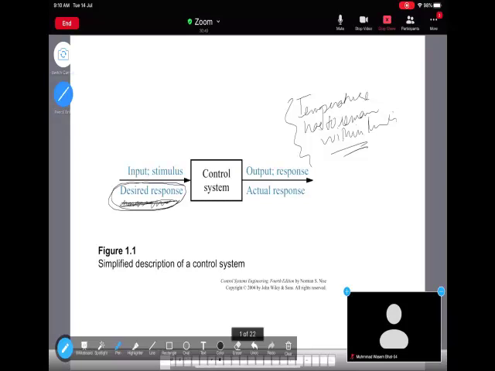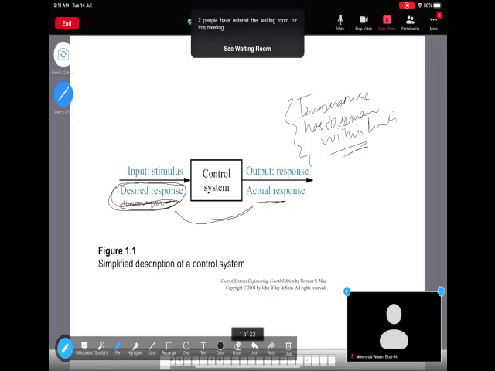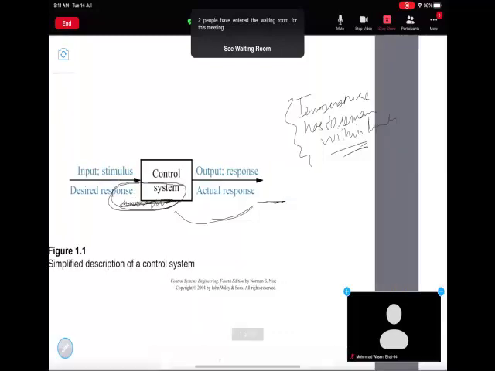And then you have a control system, and your body has a certain output or response, which is the actual response. And basically you would like your desired response and your actual response to be similar, right? And that is what the whole design process is about.